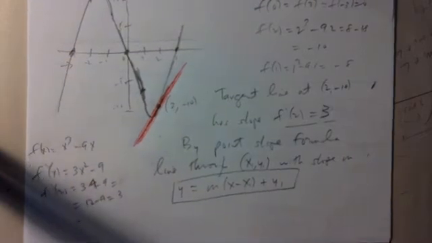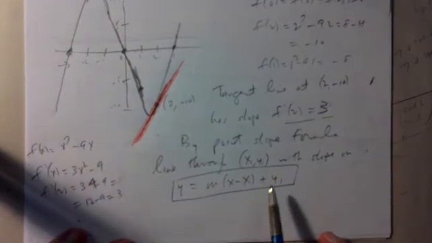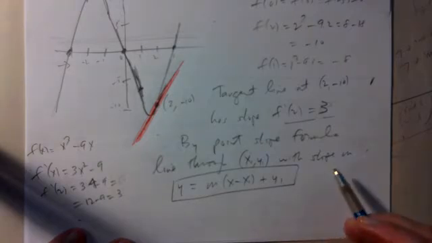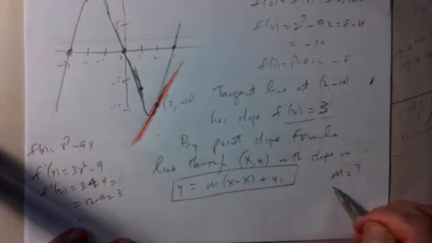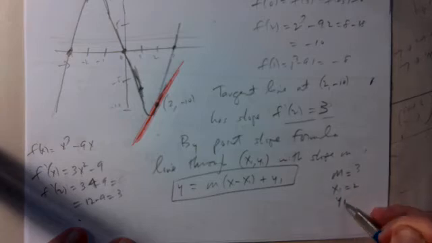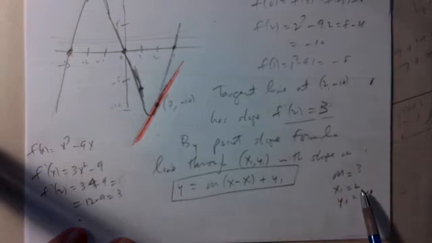So from pre-calculus or high school, you learned the equation of a straight line through a point with a given slope. In this case, m, the slope, is equal to 3. x1 is 2, y1 is minus 10. It's the line through the point 2, minus 10 with slope 3.